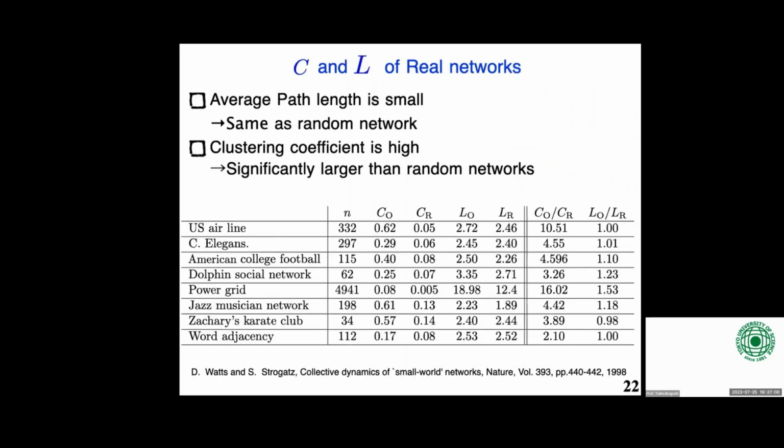Watts and Strogatz measured the clustering coefficient and the average path length for various real-world networks. The results are summarized in this table. In this table, the left column indicates the network.